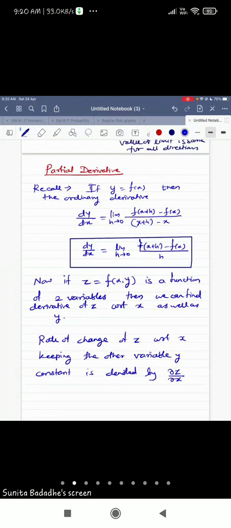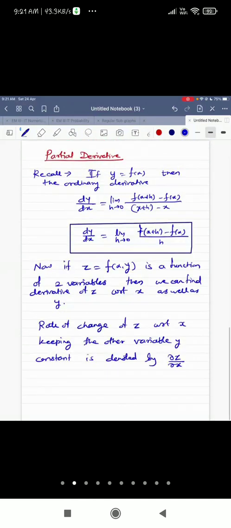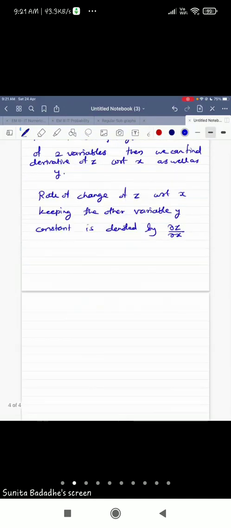Prathamesh, I'll explain it graphically. Wait. So it is denoted by dabba z by dabba x, right? Now there are a few more notations. I'll give those notations later on.